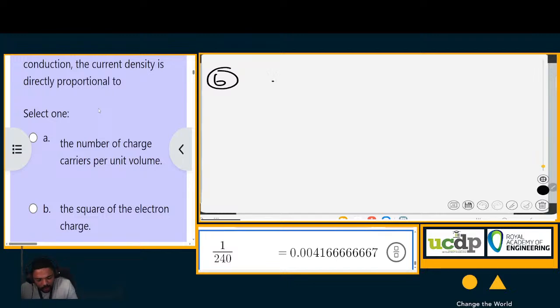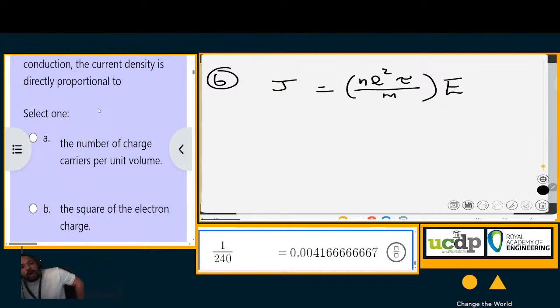The Drude model says current density is equal to N, the number of charge carriers, times the charge of an electron squared, times the average time interval between collisions, divided by M, the mass of the electron, times E, the electric field present in the wire.